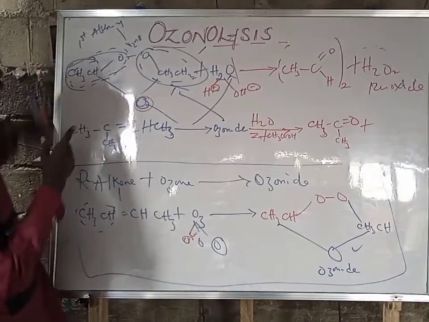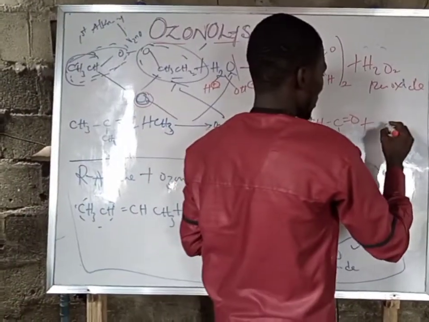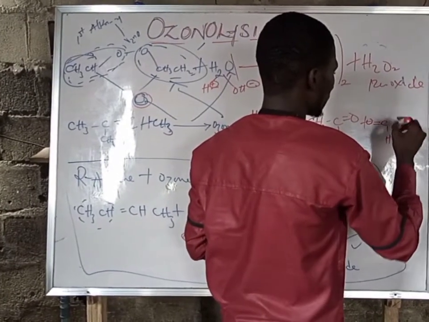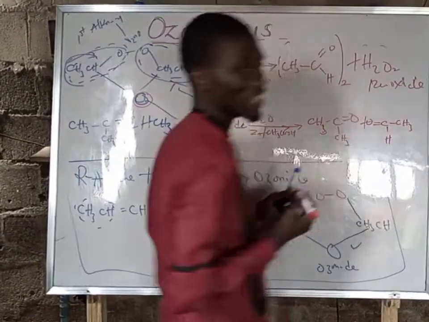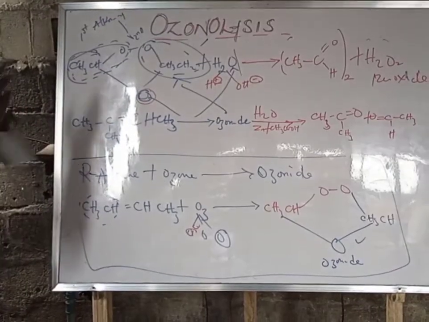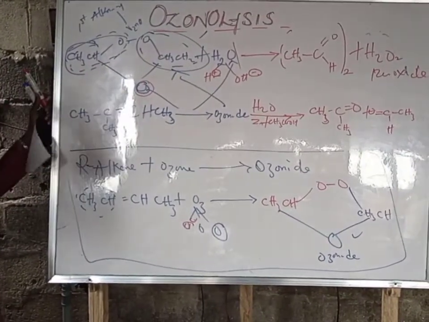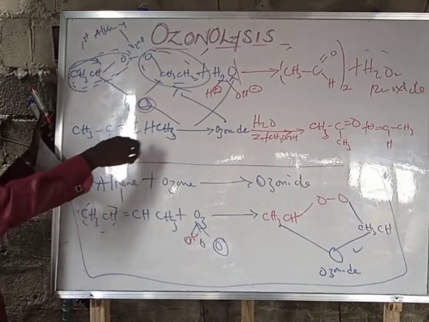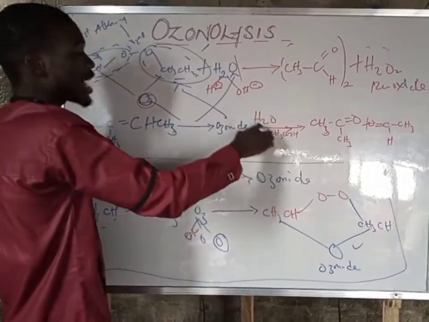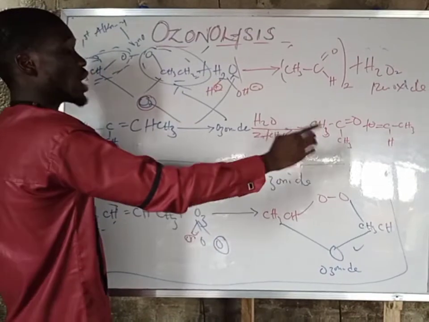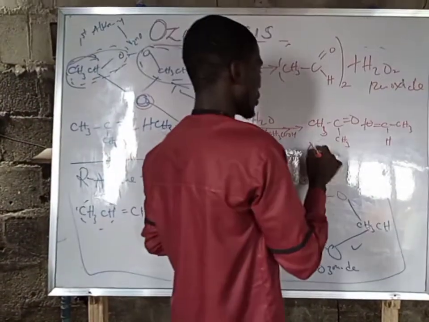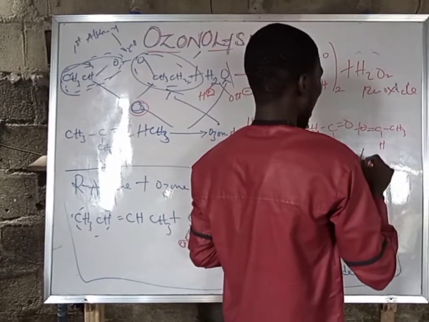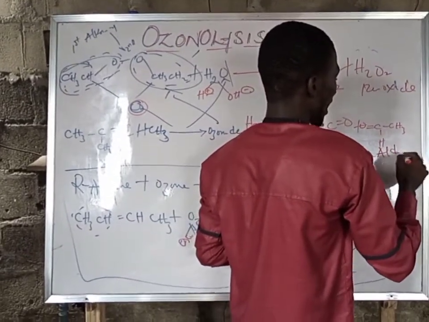So what you have here now, we have C double bond, we have CH3. We can see that when an alkene reacts with these particular reducing agents, it's going to yield a ketone and an aldehyde.